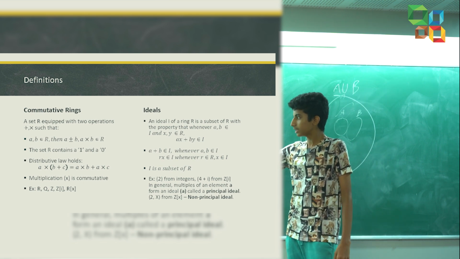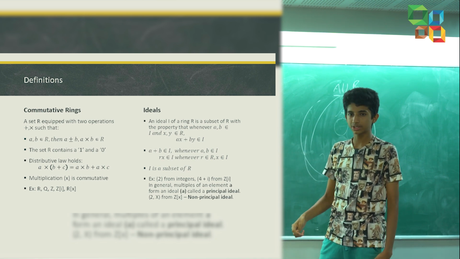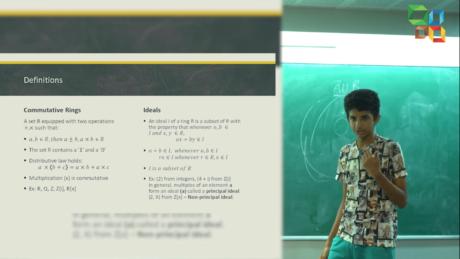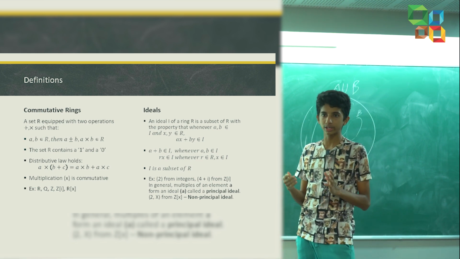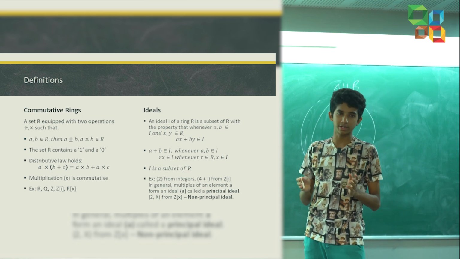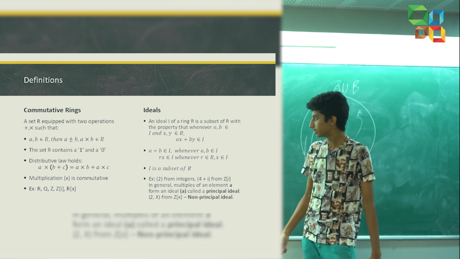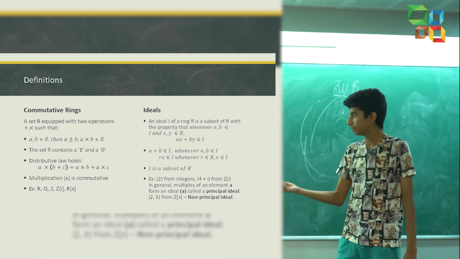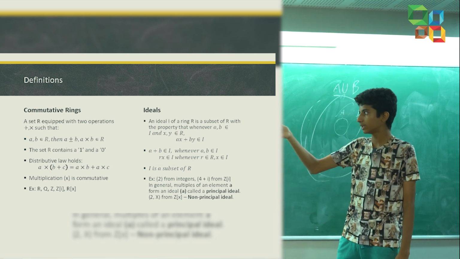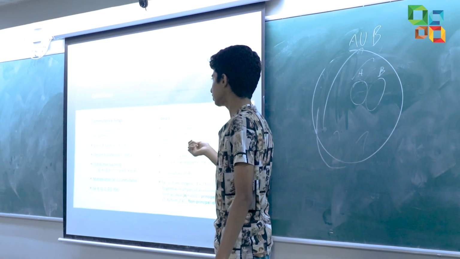The second property is that the set R contains a 1 and a 0. That is essentially the identity property. It contains an additive identity, which is 0: you add anything to 0, you get the same element. And 1, the multiplicative identity: you multiply anything with 1, you get back the same number. Then the distributive law holds: a(b + c) = ab + ac, and especially in commutative rings, which is what we are dealing with, multiplication is commutative.